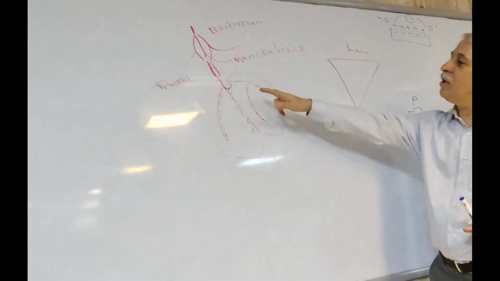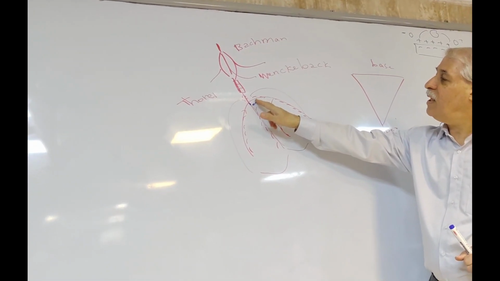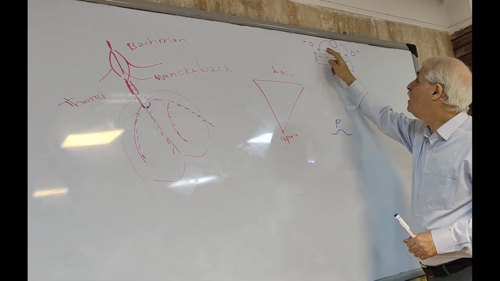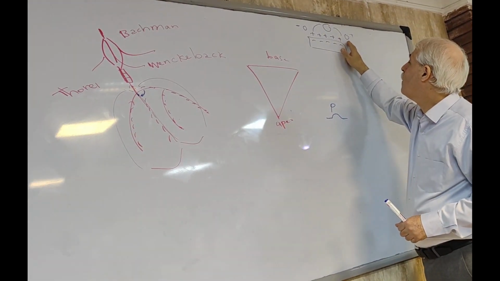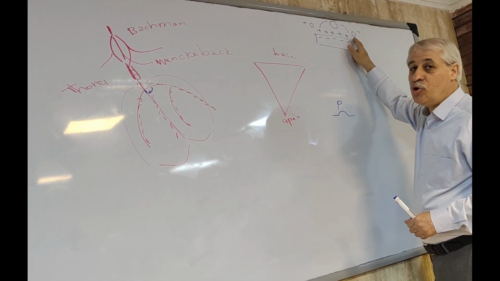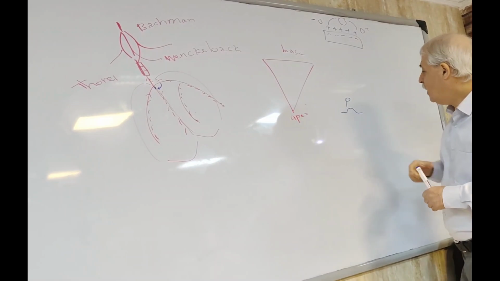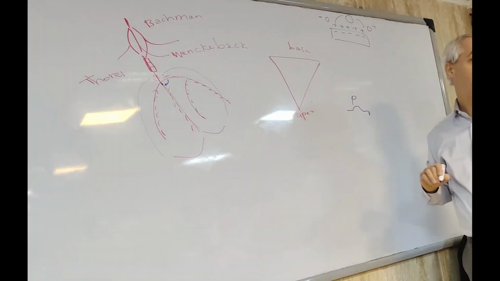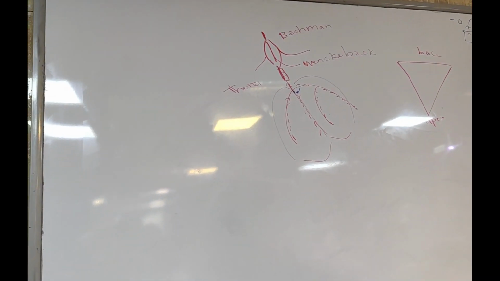Now the interventricular septum depolarizes from left to right. See? From left to right. It means depolarization is moving away from the positive pole. That is why we have a small negative deflection in some ECG leads.